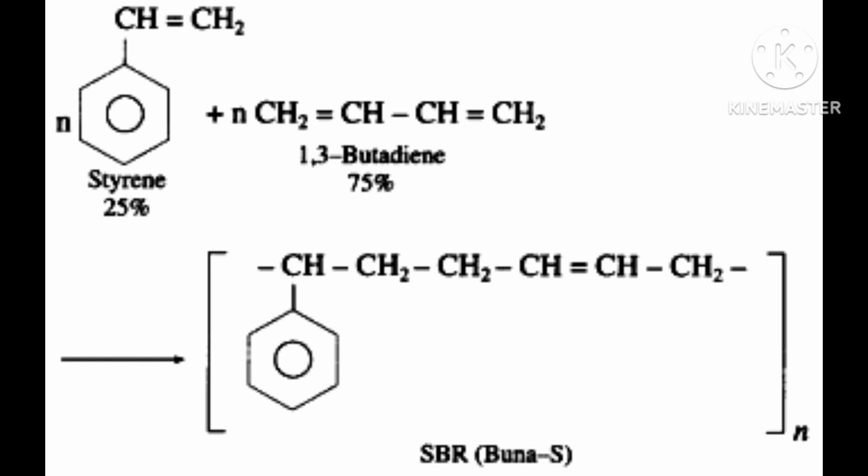Then after that, you remember that in formaldehyde, carbon and oxygen are double bonded. That bond will break, then O will become negative and carbon will become positive.